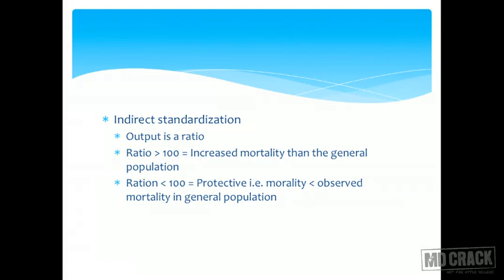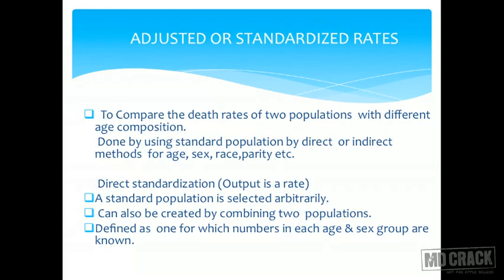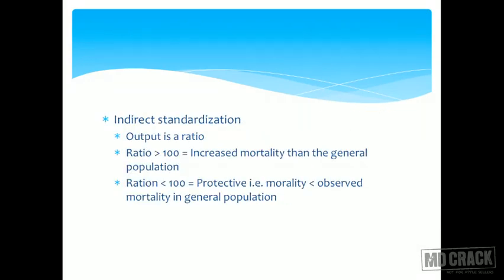Next is indirect standardization. First we saw direct was a rate. Going back to that slide, you see the output is a rate. In indirect standardization, the output is a ratio. So you have the mortality which is actual and the mortality which is expected.